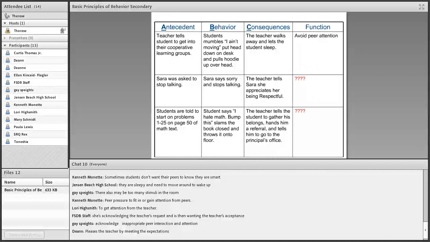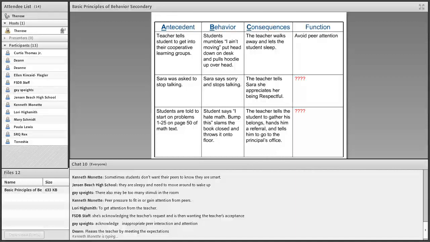So she's getting attention by saying she's sorry and she stops talking. You might also say that she's avoiding negative adult attention. She's avoiding the tirade that will follow if she continues to talk with her friend after the teacher asked her to stop. So you could say either one of those things. You just want to look at that behavior a number of times over a period of time to get a better sense of why she might be doing it.